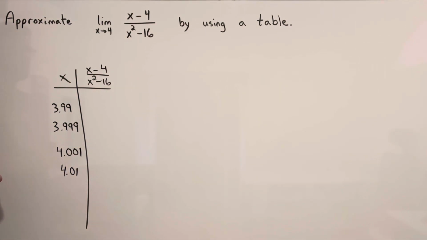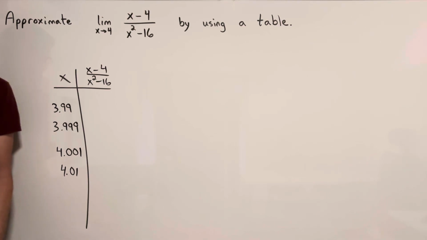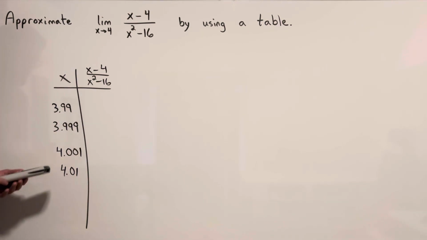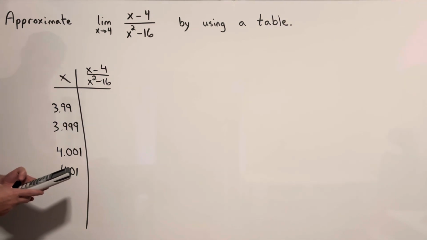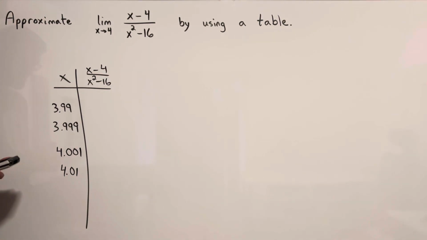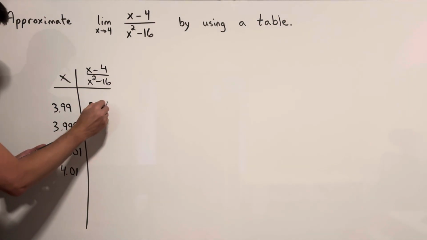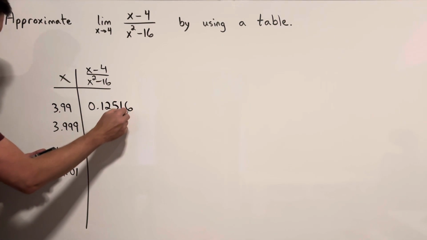So what I'm going to do here is plug these x values into the function and get values over here on the right. If I do 3.99 minus 4 divided by 3.99 squared minus 16, I get 0.12516.